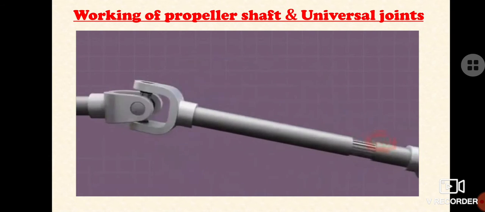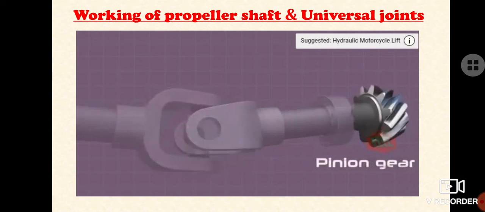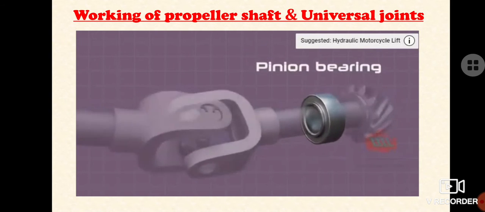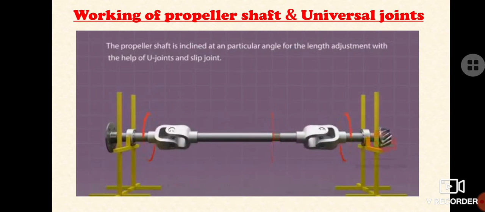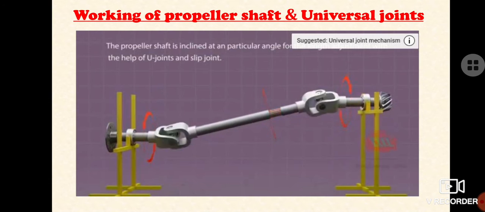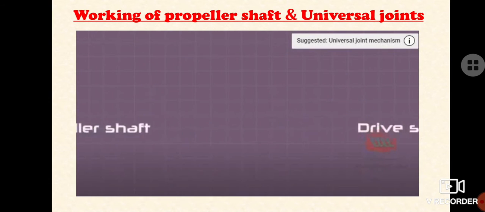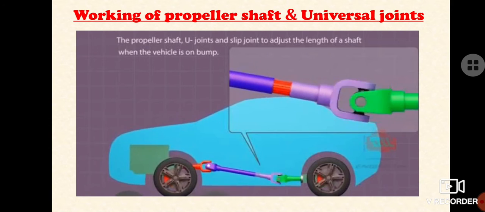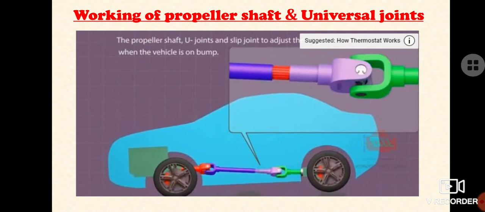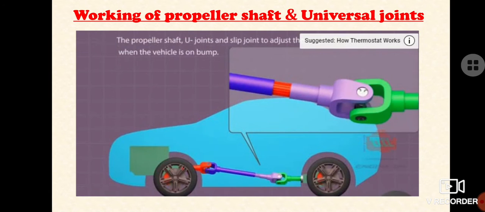This is the cross in four directions. This is the propeller shaft, slip joint. This is the output shaft, pinion bearings. Observe the working of the propeller shaft and universal joint. How does power get transmitted from the transmission system to the differential gearbox with the help of driving shaft?